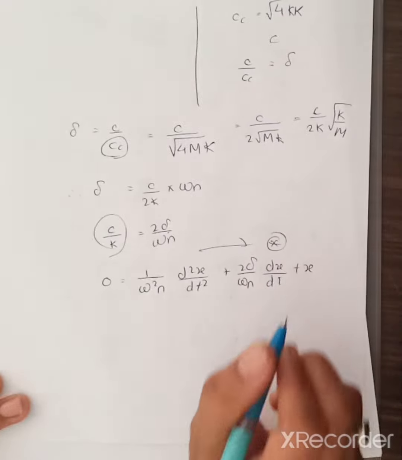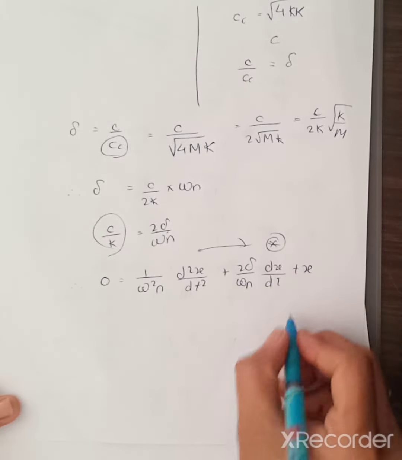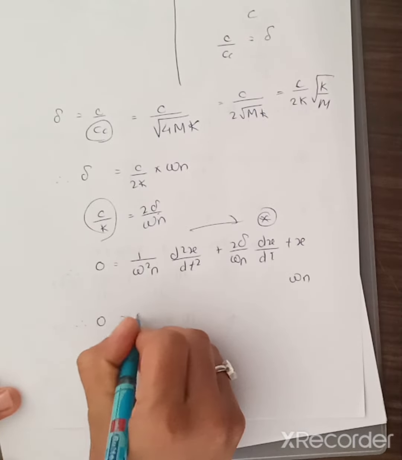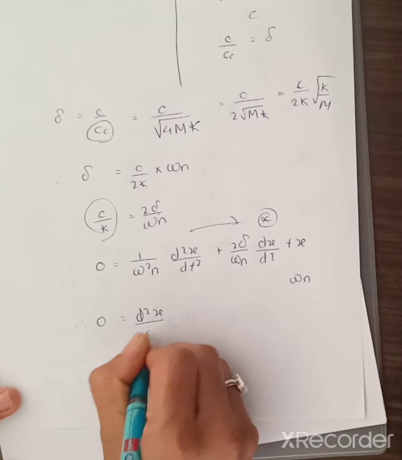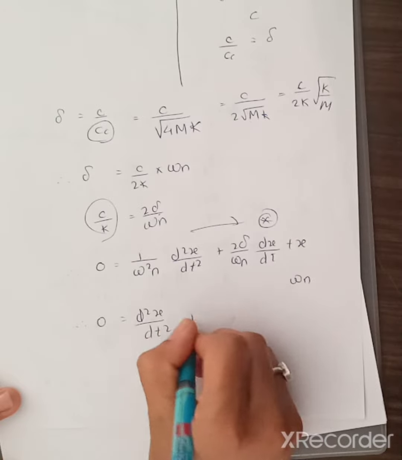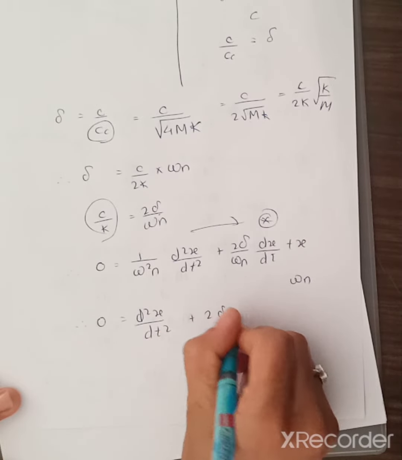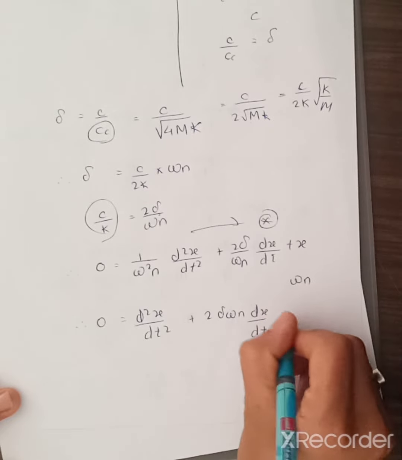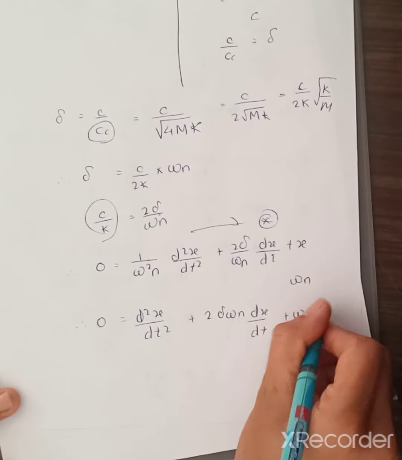We multiply each term by omega n square. Then we obtain 0 is equal to d square x upon dt square plus 2 del omega n dx upon dt plus omega n square x.